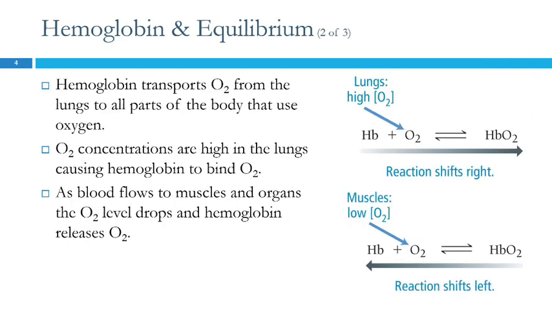So hemoglobin takes oxygen from your lungs and brings it around your body. So in your lungs, there's a relatively high concentration of oxygen gas. So higher concentration of reactants, this reaction is going to proceed more towards the products. And if you think of it in Le Chatelier's principle, where if you change an equilibrium, it will react in a way to undo that change.